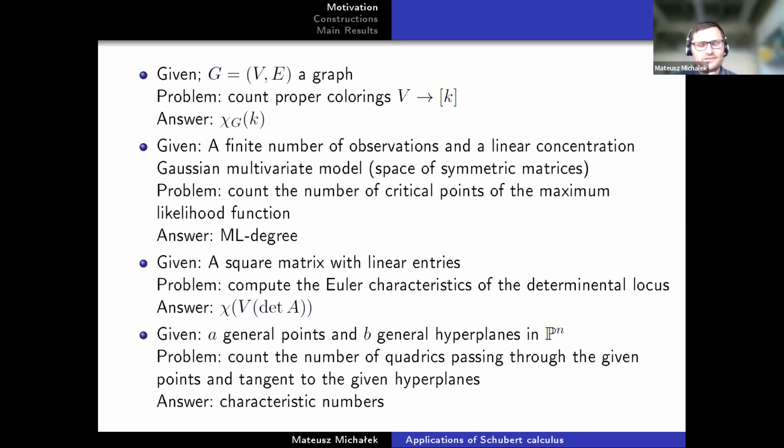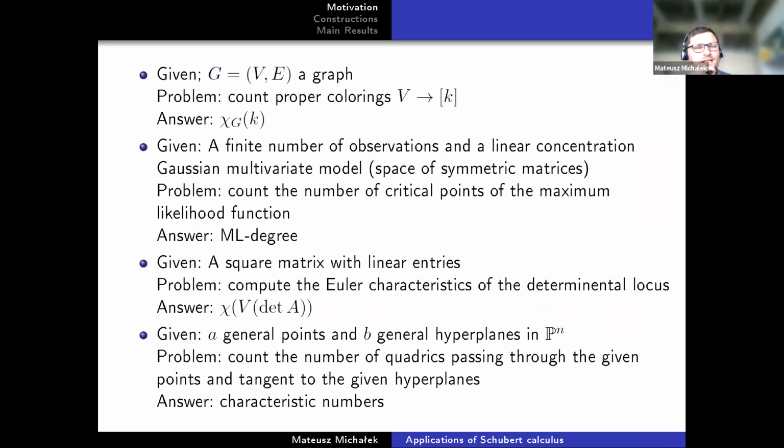And I can ask the following counting problem: how many quadrics, so degree 2 homogeneous polynomials, pass through the points and are tangent to the given hyperplanes? Some of those problems are quite old, like the problem about chromatic polynomials, and this one, they are certainly well over 100 years old. In this last one, the answer in algebraic geometry goes under the name characteristic numbers, and it certainly appeared in the fundamental work by Schubert in the 19th century.